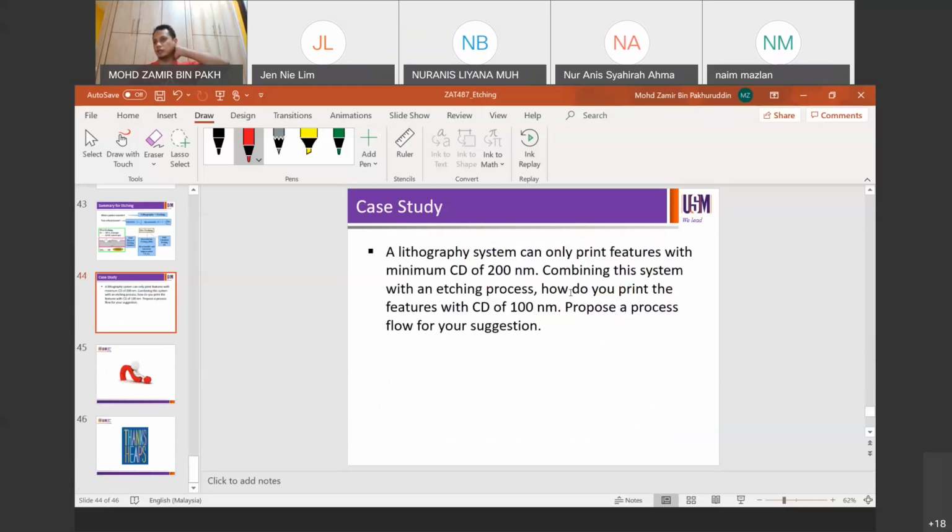Sebab soalan ni kadang-kadang soalan is not only on lithography, it can also be a combination of litho and etch as well. I want you to have a look at this, think about this, and think about the solution as well. And we're going to discuss tomorrow on what is your proposal for this process. Just like the way you proposed for your CD in the test yesterday.